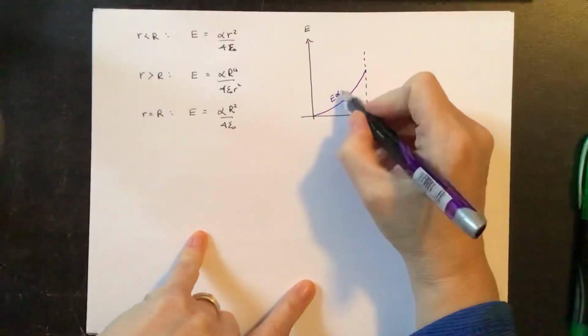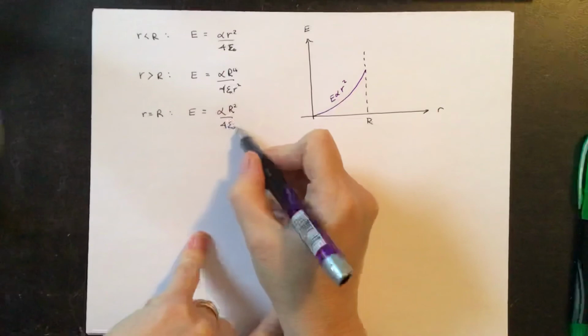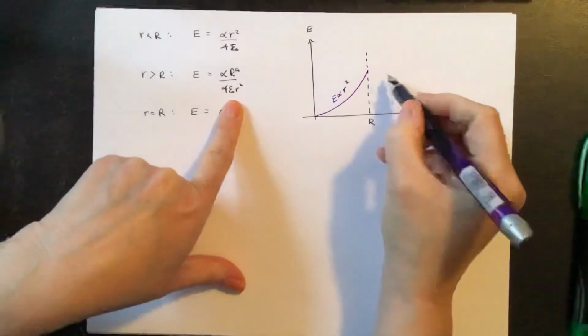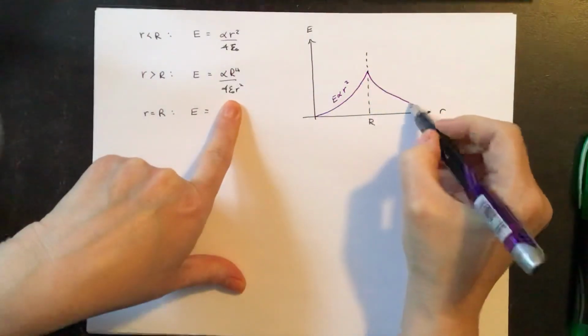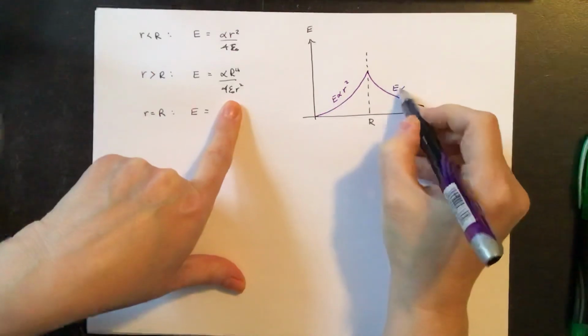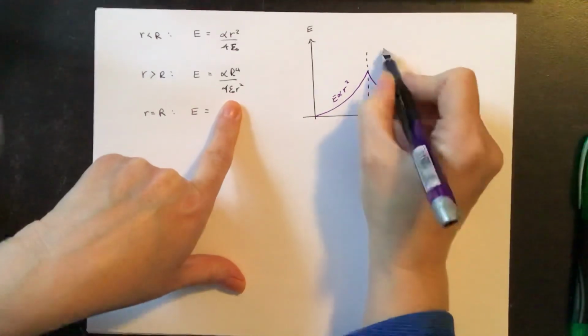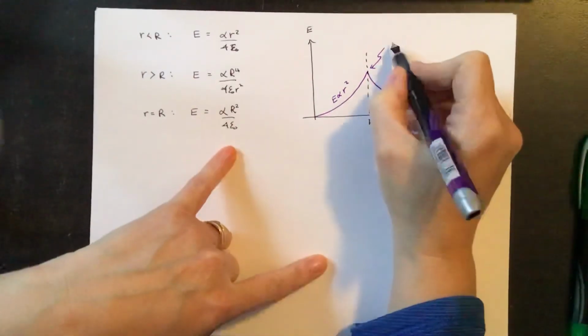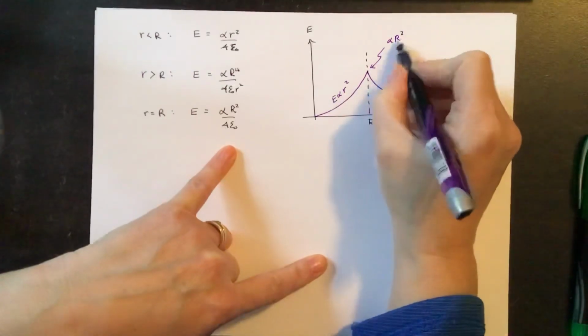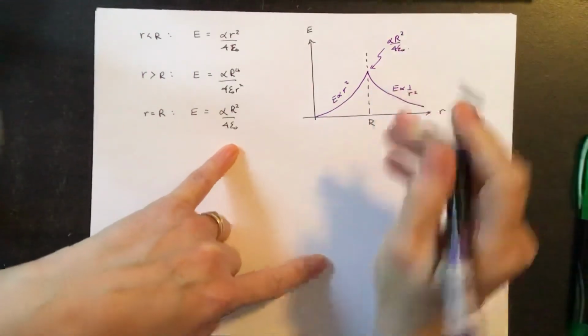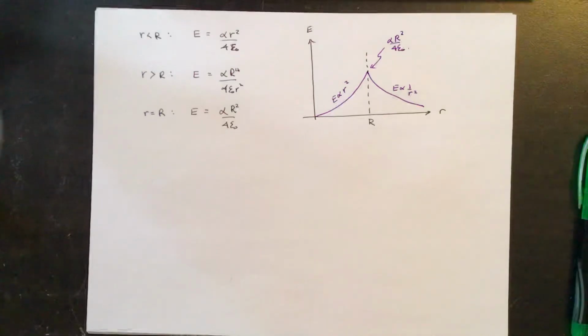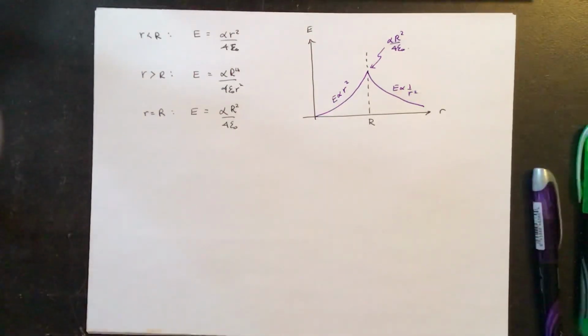So this is E proportional to r squared. And then once we're outside, it falls off as 1 over r squared. And then right here, the maximum value is alpha R squared over 4 epsilon naught. Okay, so that's a pretty good look at the electric field of an insulating sphere with a variable charge density.